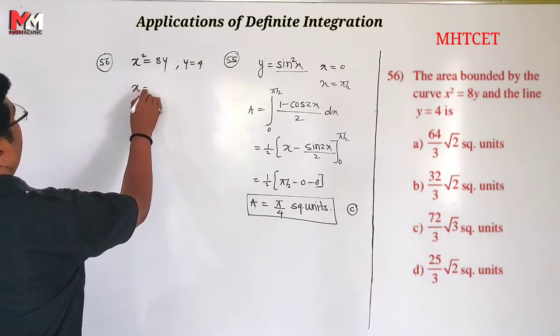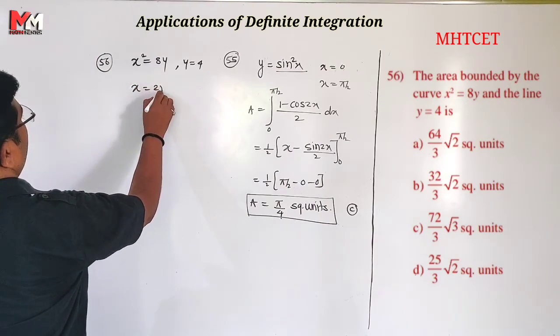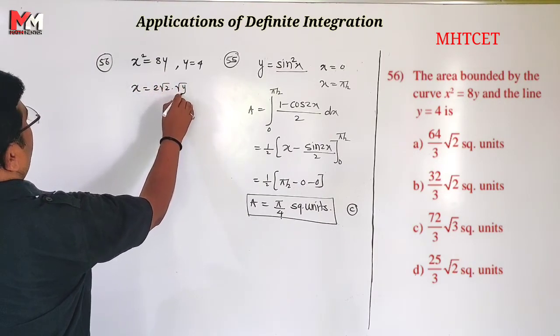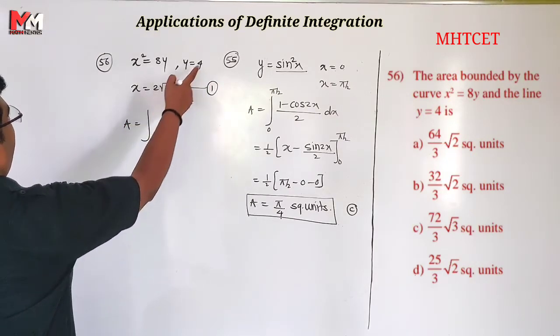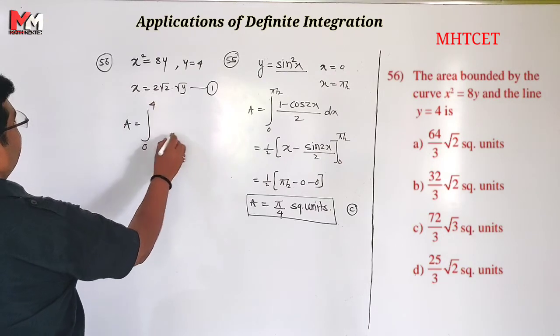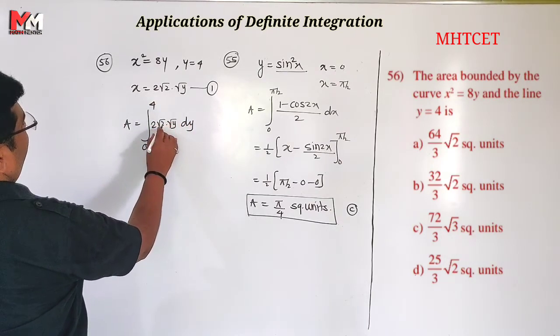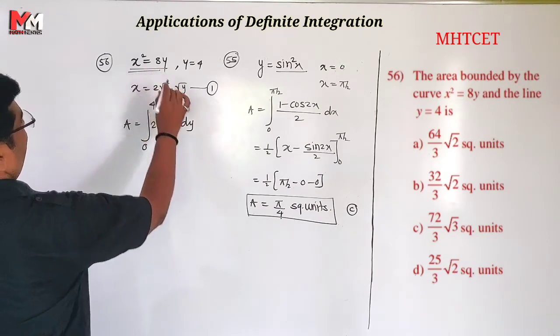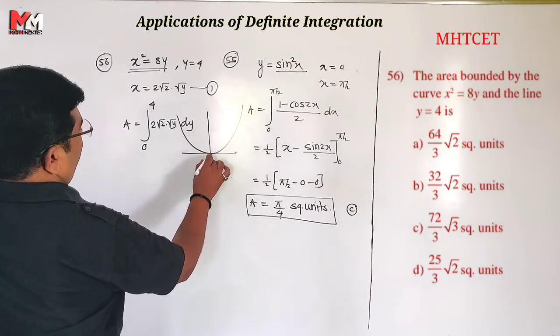So x is equal to square root of 8, 2√2 into √y, equation 1. So required area, upper limit is 4, lower limit is 0, obviously 0, because this is a parabola whose vertex is at the origin.